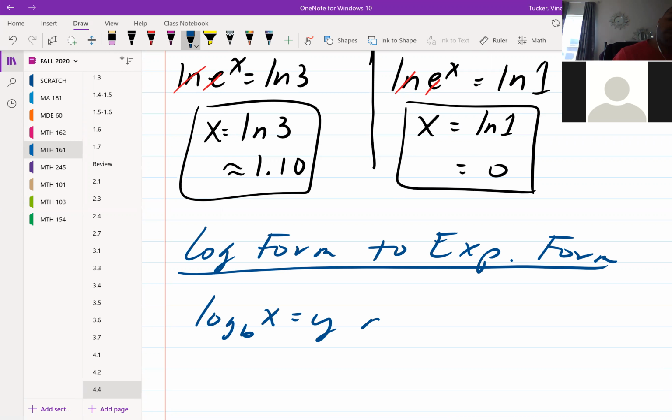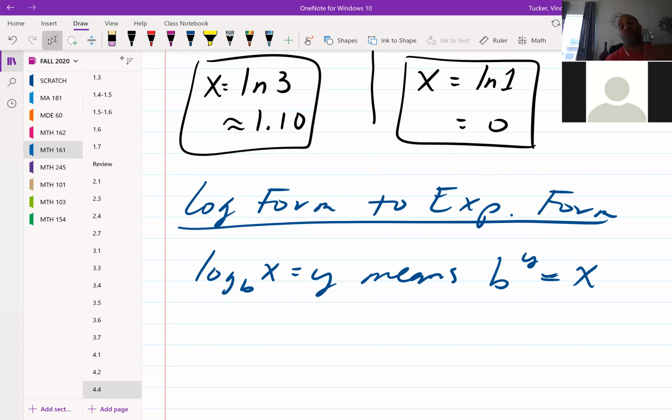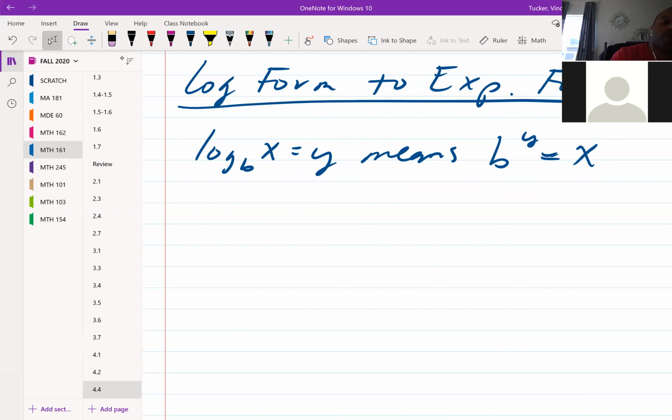So they're just reinforcing the first relationship that we saw between the log and the exponential form. Log base b of x is equal to y. That means b to the y is equal to x. So we can still use that relationship to solve if it's beneficial.